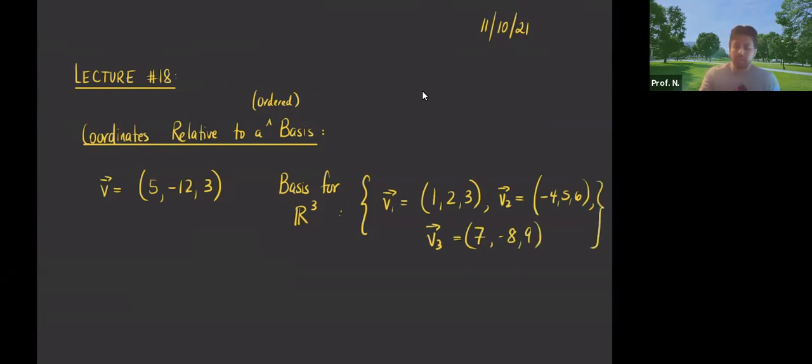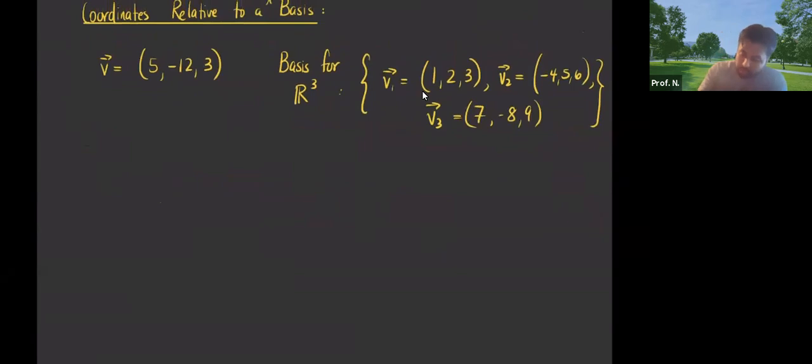I'm going to call this basis B. So B is the set of vectors, and it's an ordered set of vectors: v1, v2, v3.